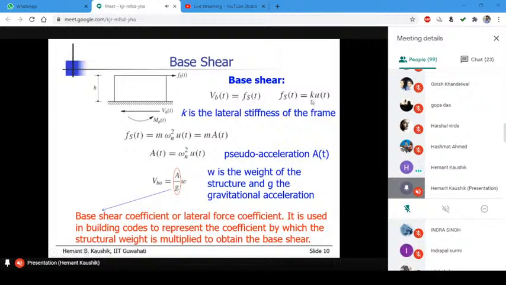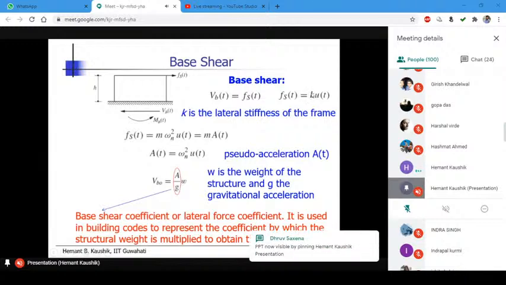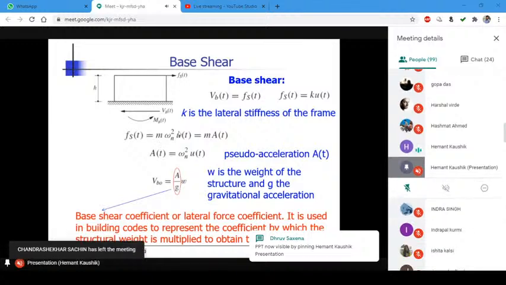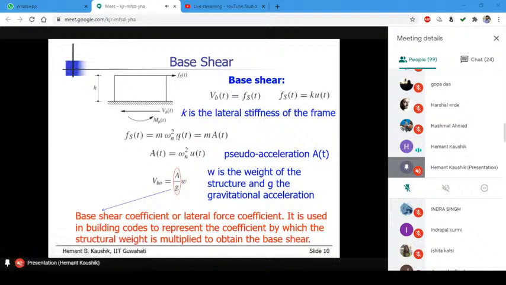If you remember the formula for the natural frequency, omega n is the square root of k by m. So I replace k with m omega n square here.